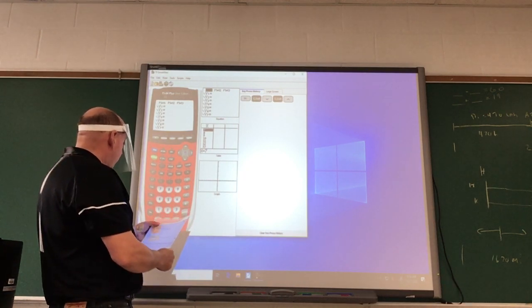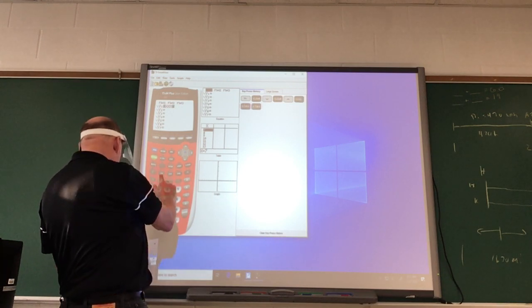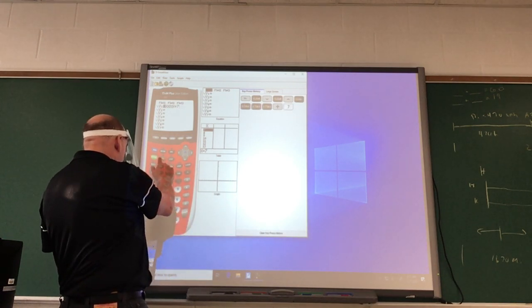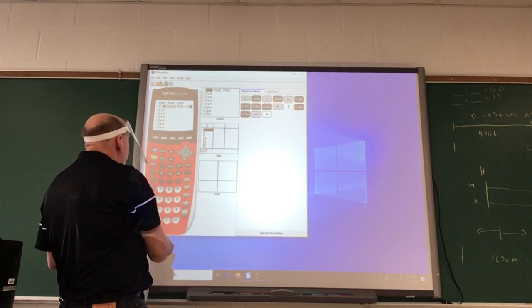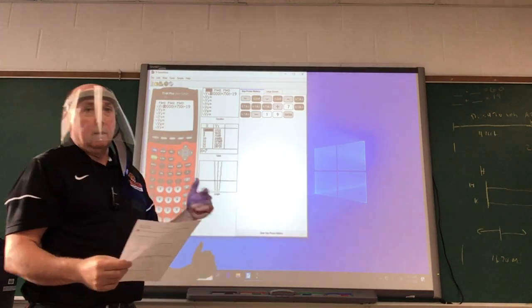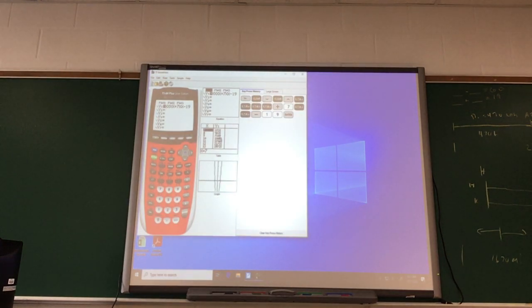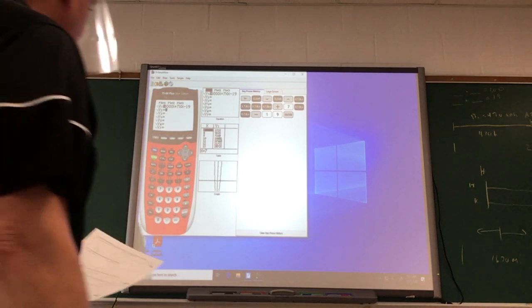Type in your function: x to the 4th plus 7x squared minus 19. I get lazy. I don't want to find my caret and then put a 4 there, and then I have to remember to pull the caret out of the exponent, because typically I do not remember to do that, and then I have this nice long exponent. So I just hit the x 4 times.